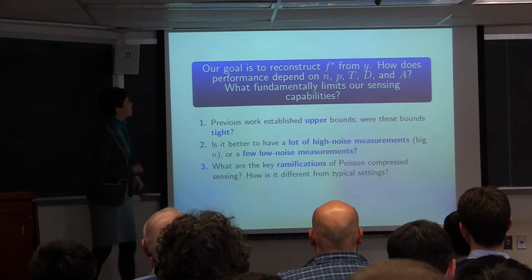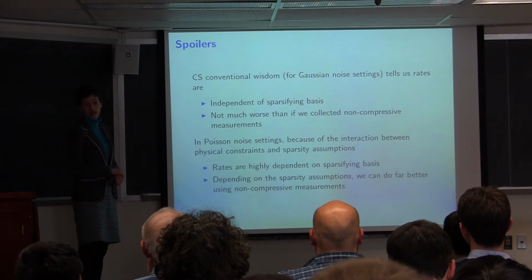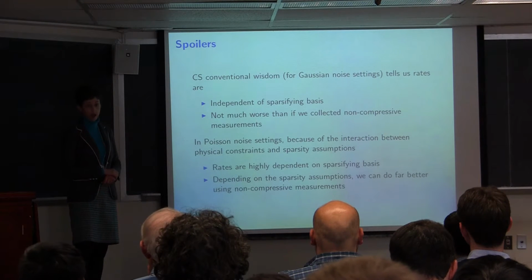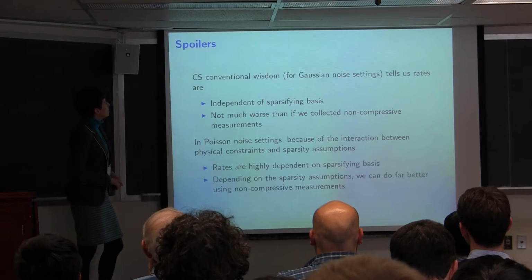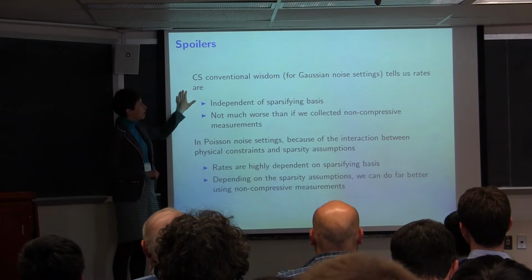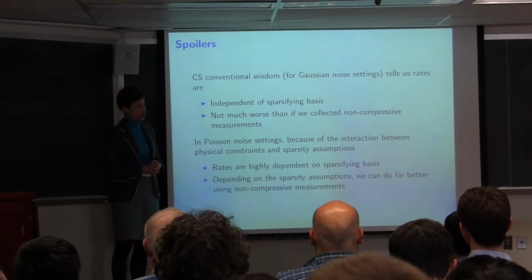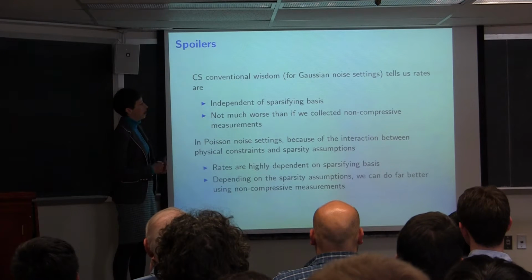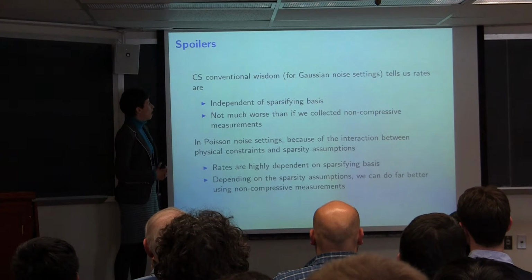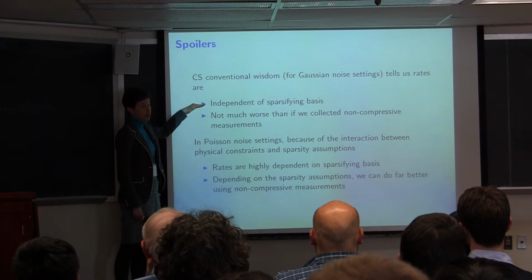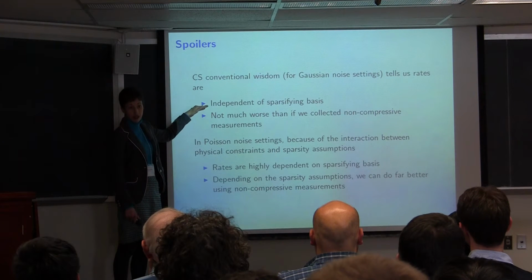And what I'm going to do is give you some spoilers right off the bat, so you can see where we're headed with all of this. So the conventional wisdom with compressed sensing that was established, for instance, in Gaussian or maybe bounded noise settings, tells us that our error decay rates are, for the most part, independent of whatever our sparsifying basis is.